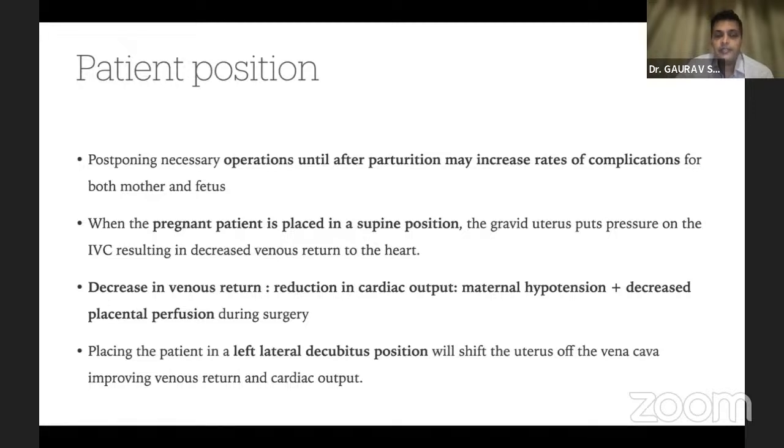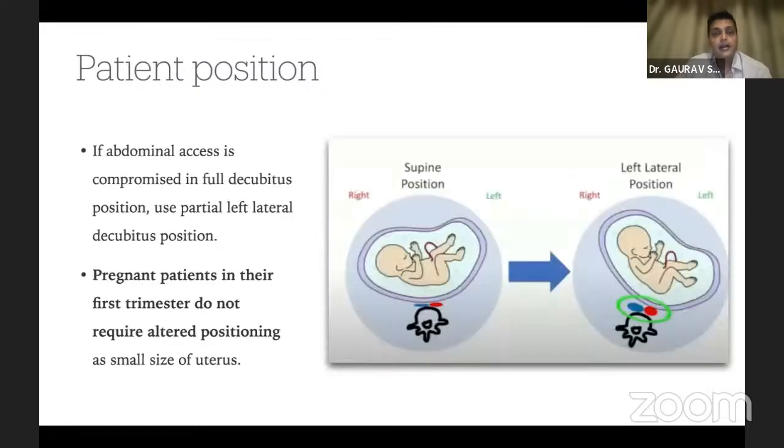So when there is decreased venous return, there's a reduction in the cardiac output, there's maternal hypotension and reduced placental perfusion, which is seen during the surgery and which can have deleterious effects on the pregnancy. So placement in a slight left lateral decubitus position will actually shift the uterus off that vena cava, thus preventing all this cascade that occurs.